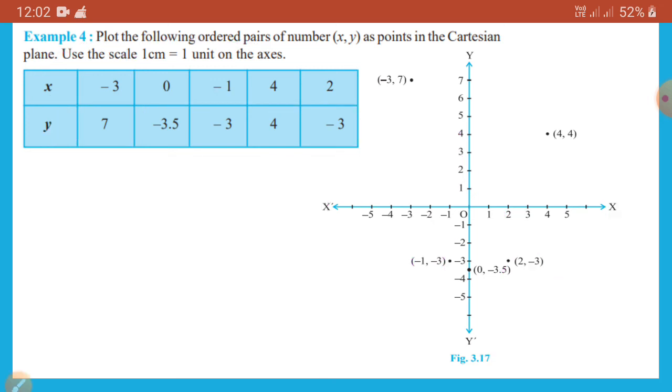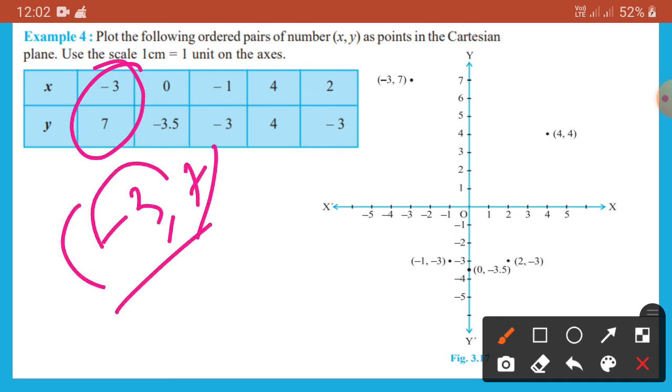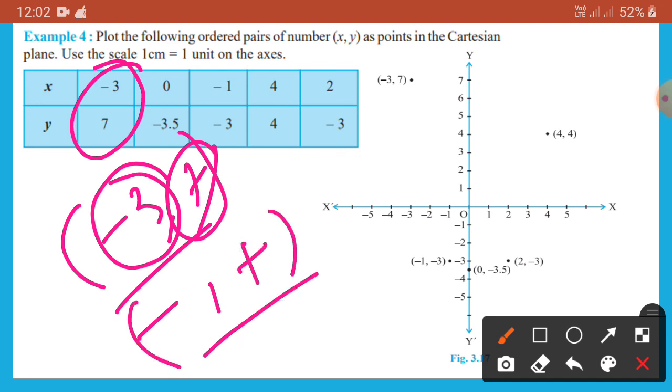Okay, so now we are trying to plot all these points. So the first point is (-3, 7). So minus 3 means the sign here is minus and the sign is positive here, that means it will fall in the second quadrant.